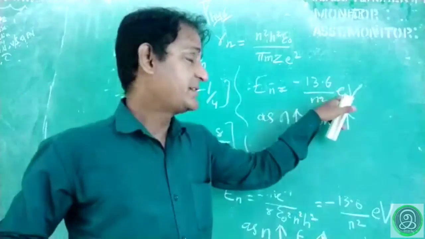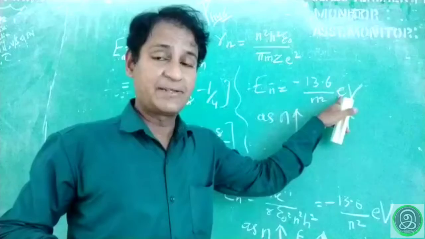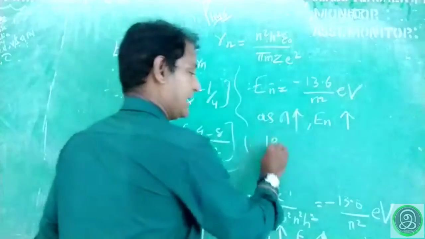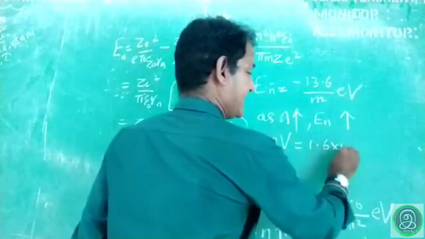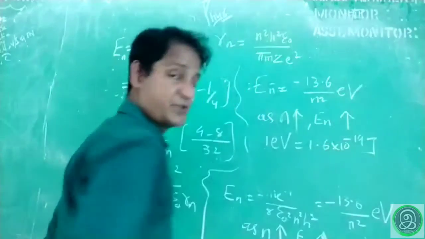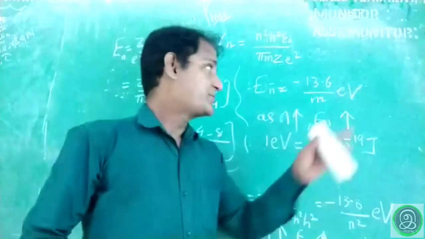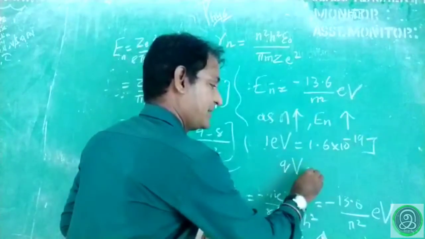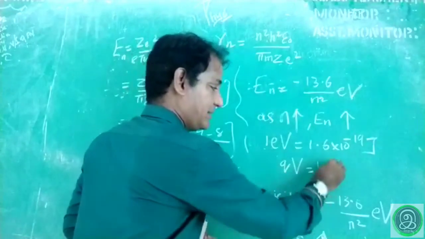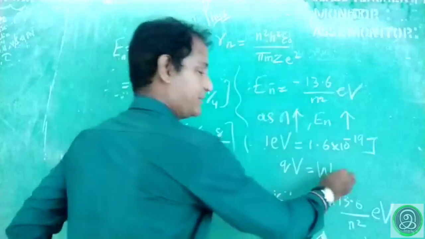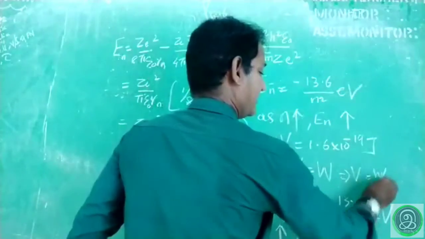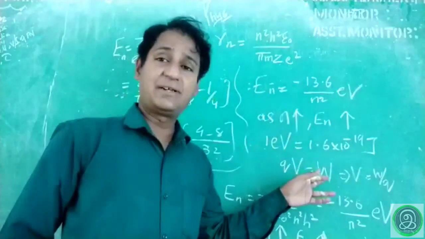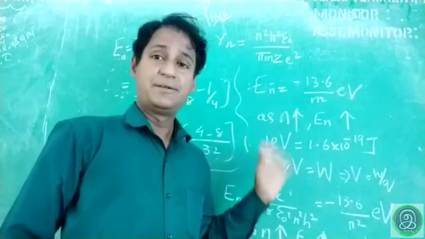And just for your knowledge, what is eV? eV is called electron volt. 1 electron volt is equal to 1.6 into 10 to the power of minus 19 joule. Voltage is equal to W by Q, so it is the work done on a charge to move.